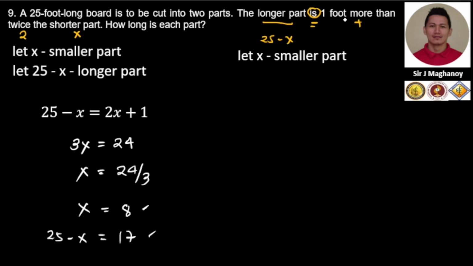So 1 foot more, so that is twice the shorter part plus 1, so that is our larger part. So 2x plus 1 is to be the longer part.